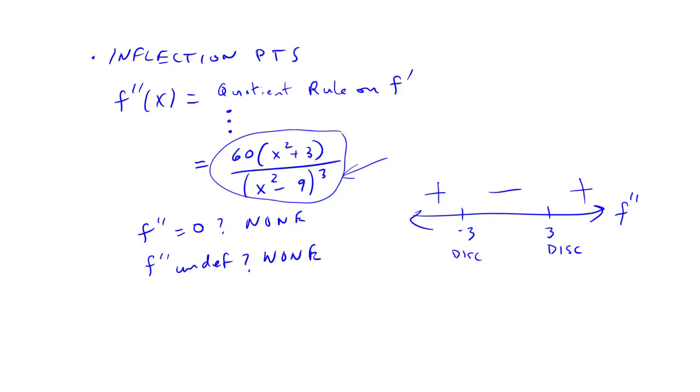And then if you're bigger than 3, you get positive, meaning f is concave up here, f concave down there, and f concave up there. But again, -3 and 3 are places where the concavity changes, but they're not points on the graph. They're discontinuities. So we can say that we have no inflection points.